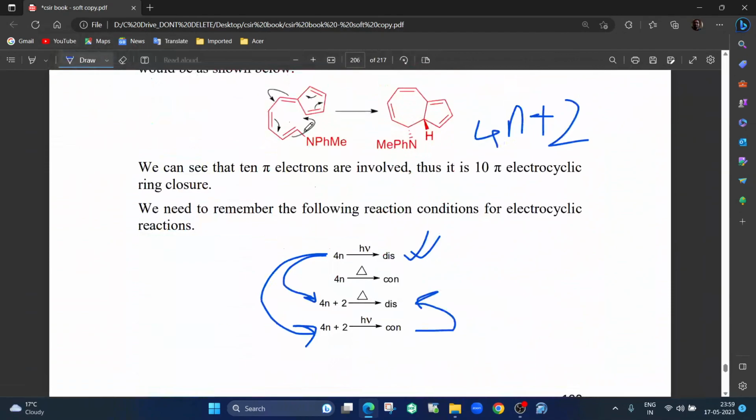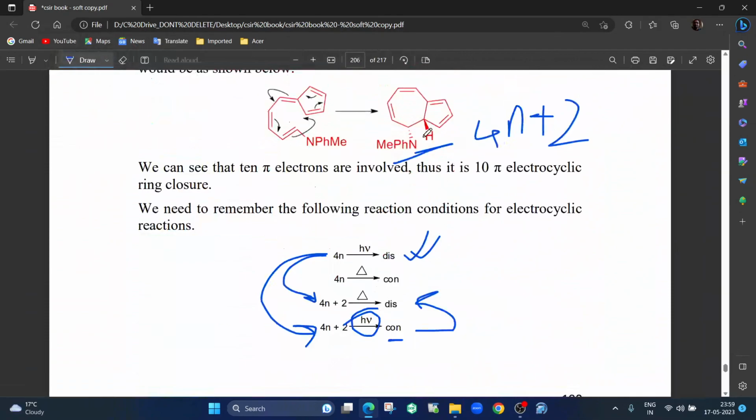Once we know how the ring closure is happening, whether by disrotation or conrotation, we will be able to tell if it is thermal or photochemical. So if you see that this stereochemistry is gained by conrotation, then we will know that this reaction happened under photochemical conditions.